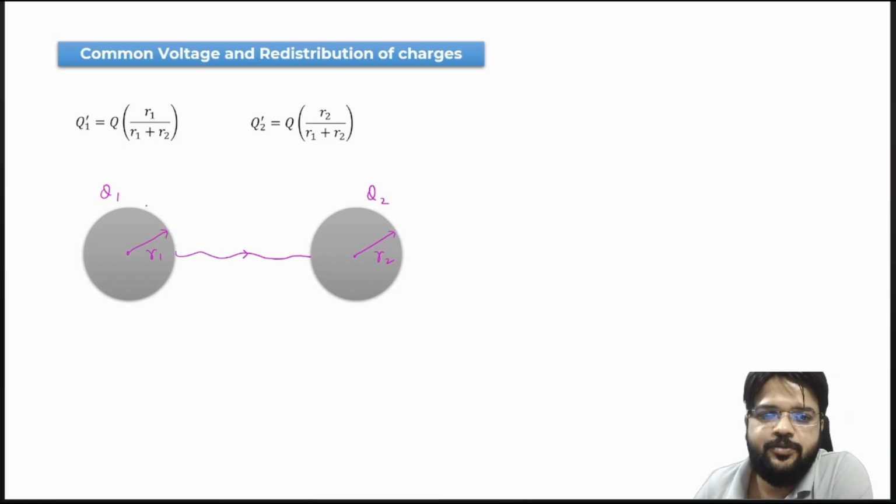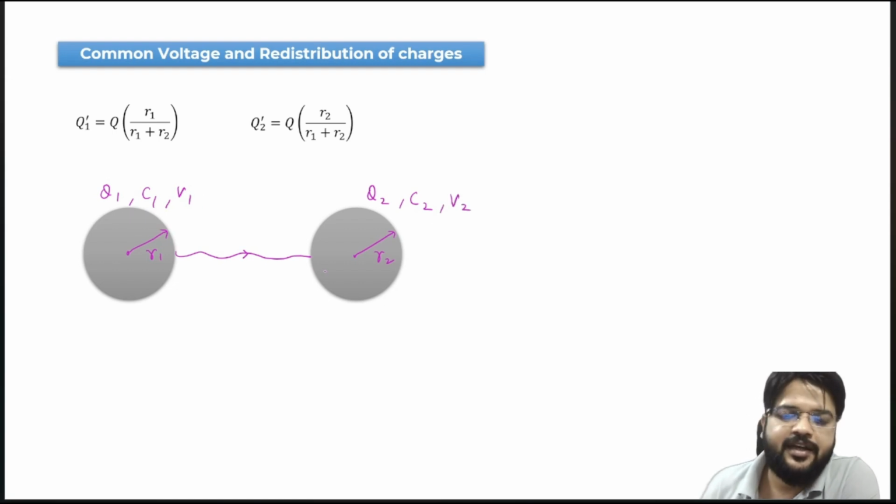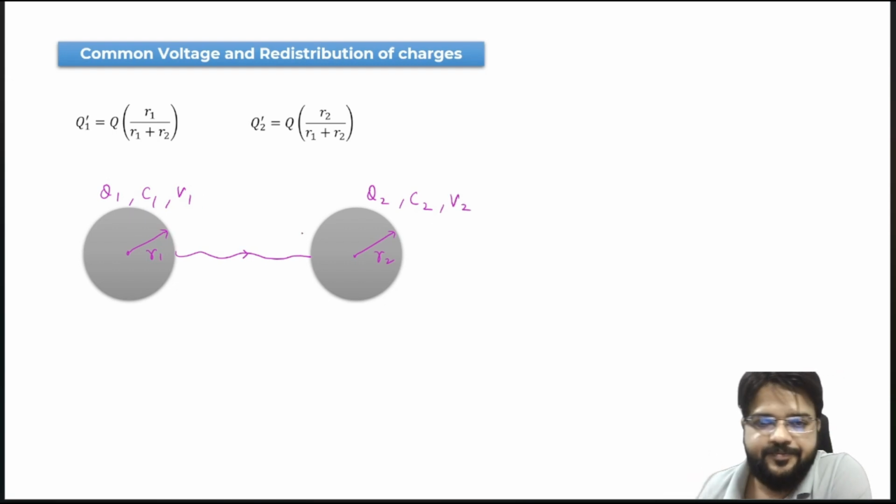See it, everyone. Let's suppose the capacitance of the first conductor is C1 and the second is C2. The initial potentials are V1 and V2, and after connecting the wire, the common voltage is V. So before connecting, what is the total charge? It is Q equal to Q1 plus Q2. Q1 is the initial charge on the first conductor, Q2 is the charge present on the second conductor.